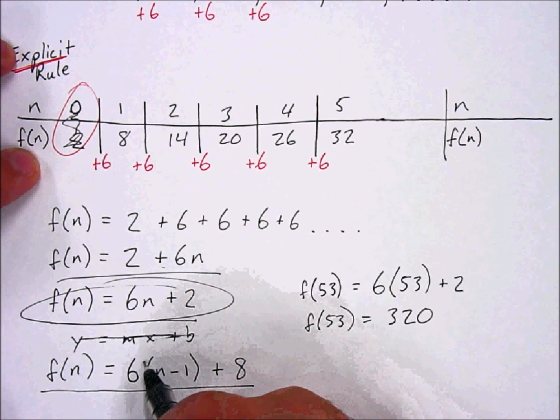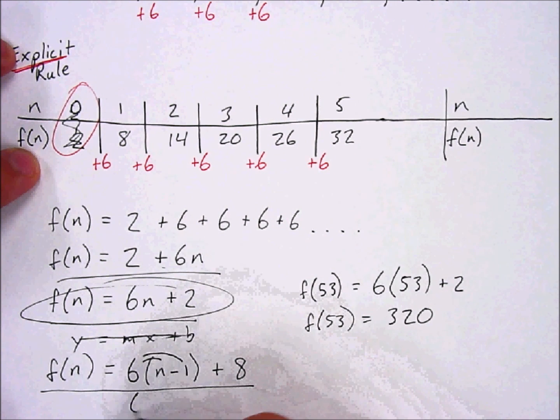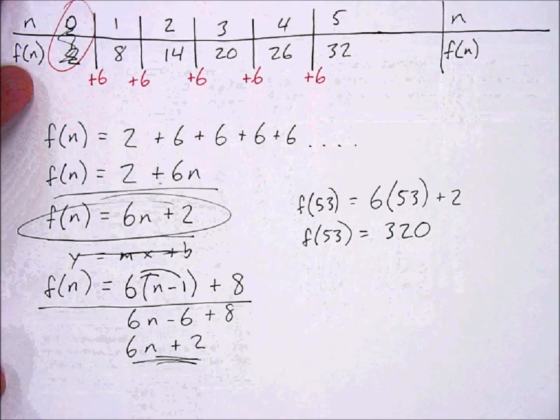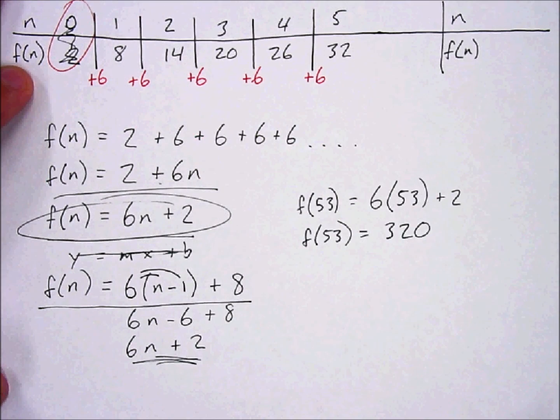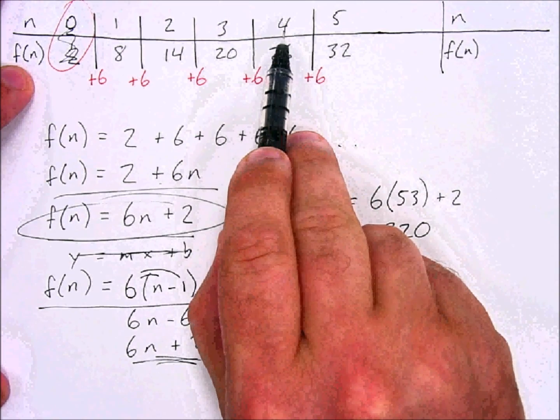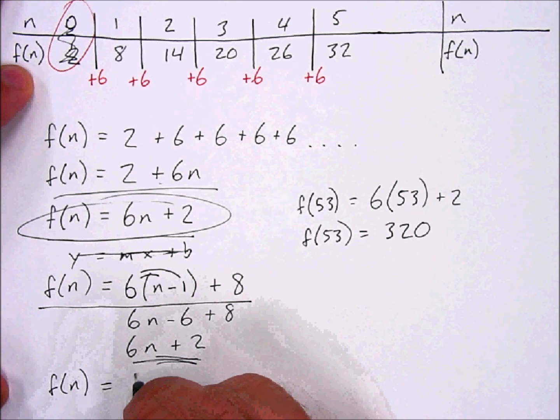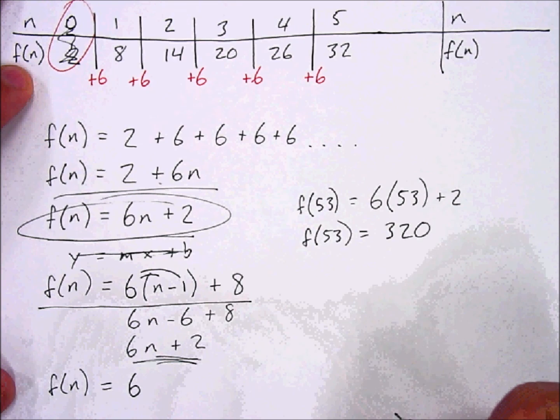If I were to distribute this out, I'd get 6n minus 6 plus 8, which is 6n plus 2, which is the same thing. And that also works wherever I want to start in the sequence. If I want to start at the 4th term in the sequence, I can say, okay, well, f of n is going to equal plus 6 getting repeated over and over.